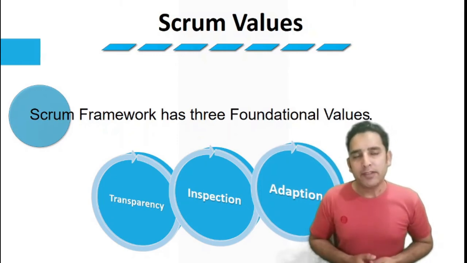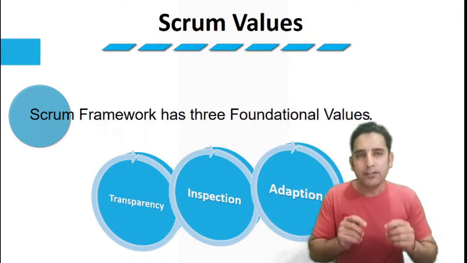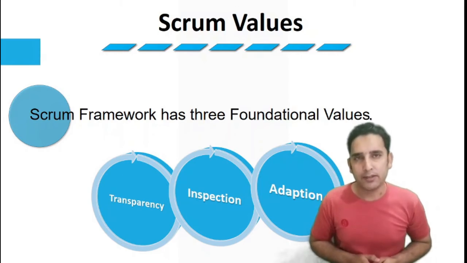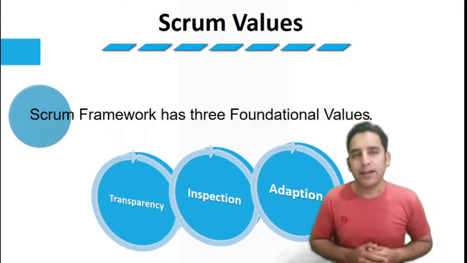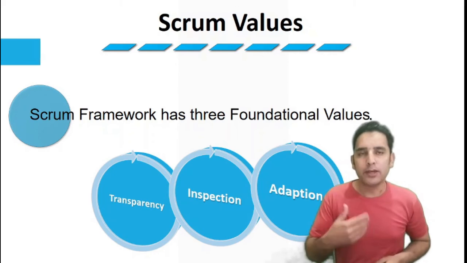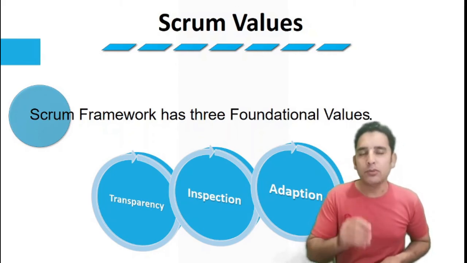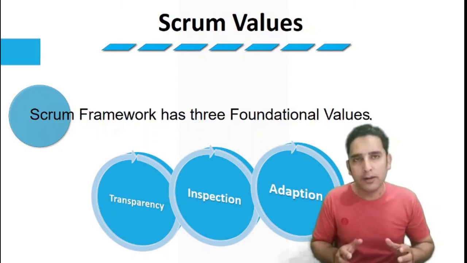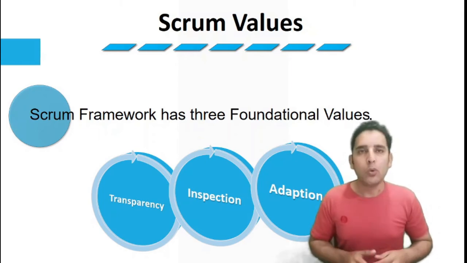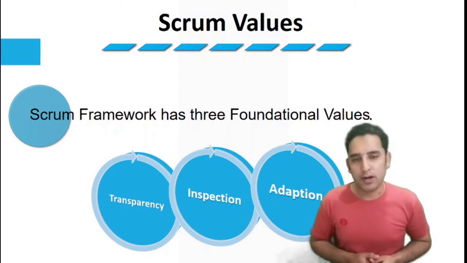Transparency represents what done means in a Scrum project. So what is the definition of done to a Scrum team? What is the definition of done to the customer, the product owner, and the other stakeholders who are involved in a Scrum project?